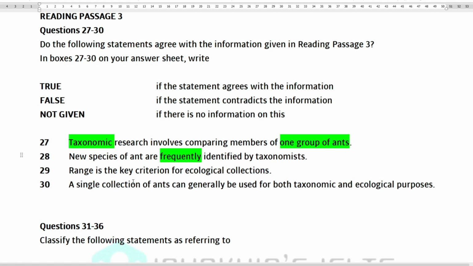All right, we're not really sure. Ranging, maybe difference. A single collection of ants can generally be used for both taxonomic and ecological purposes. I'm just going to take that, ecological purposes.